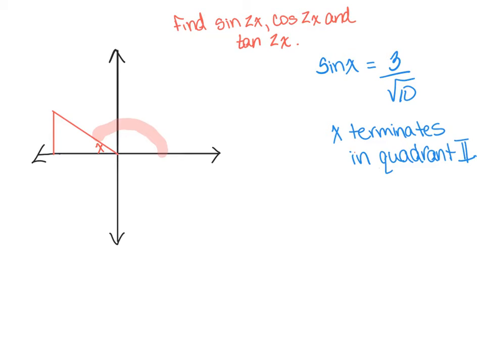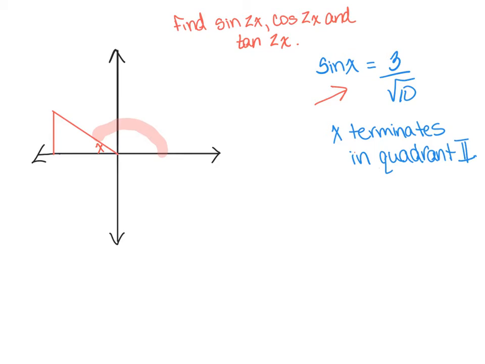So the first thing that we're going to do is look at where x is, and use our sine of x equals 3 over the square root of 10 to help us with that. Now, you don't need to worry about the x and y quadrant when we're doing this. What you need to have first is the understanding of what sine x is.